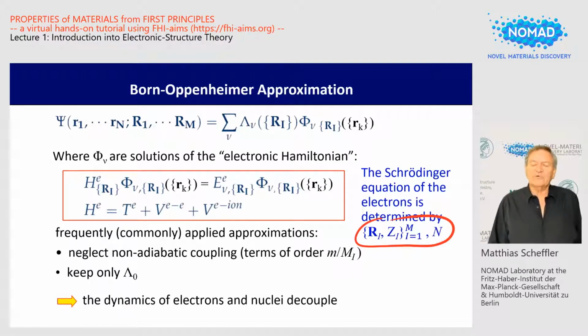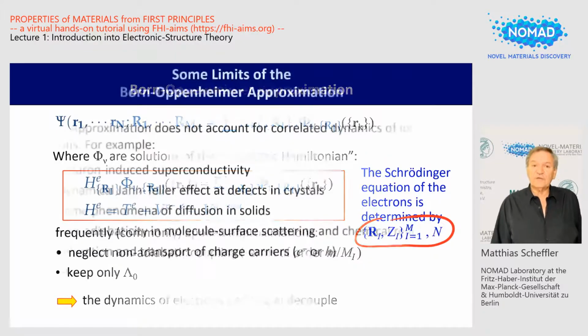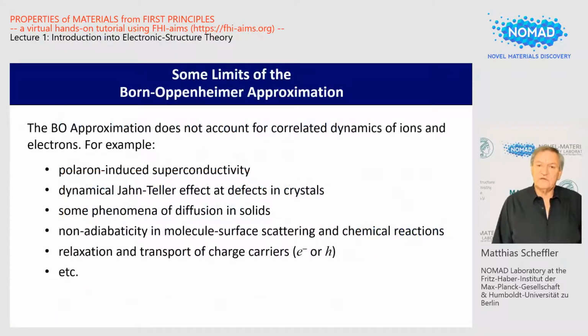This is an approximation. It often works, but there are also some very well-known and significant limits of the Born-Oppenheimer approximation. The Born-Oppenheimer approximation does not account for correlated dynamics of ions and electrons. And we know that this happens in some cases, for example, in polaron-induced superconductivity. It also happens in the dynamical Jahn-Teller effect at defects in crystals.